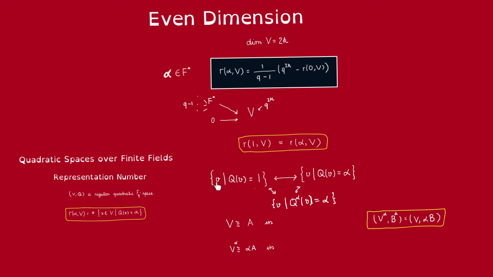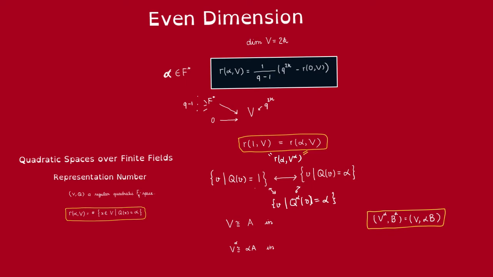Thus we see that a little v represents 1 in big V if and only if it represents alpha in the scale space, right? So the number of representations of 1 in V is equal to the number of representations of alpha in the scale space. Now what we want to show is that the number of representations of alpha in the scale space must be equal to the number of representations of alpha in V.